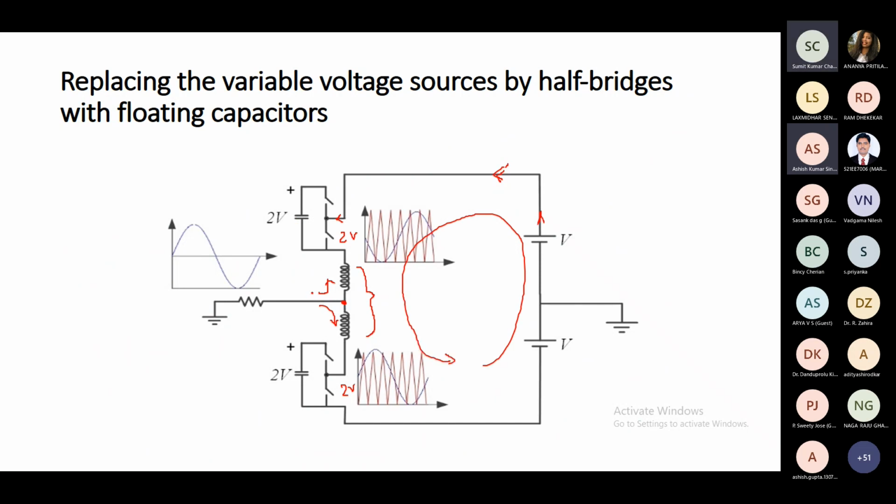It is not going to percolate into the load, because the load current depends on the voltage over here, and this voltage is not going to change because of the DC current here, neglecting the capacitor voltage ripple.